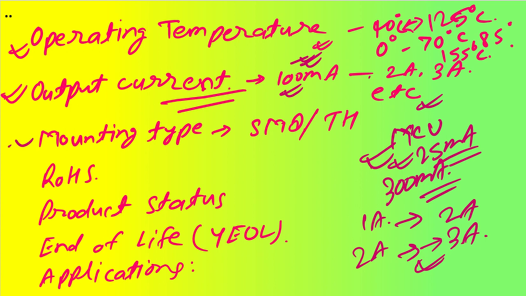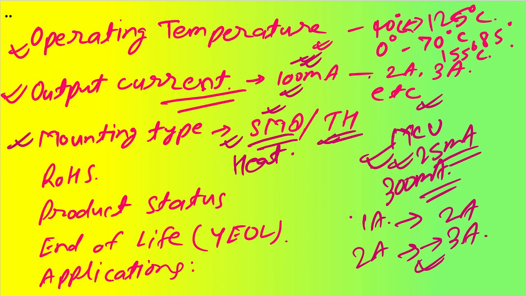What is the mounting type of the regulator, whether it is an SMD regulator or through hole regulator, that you have to decide based on the heat dissipation that you want. Okay. So these days SMD regulators are also coming with exposed pad. They help you spread the heat very easily, and that's how the temperature doesn't rise very high. Okay.